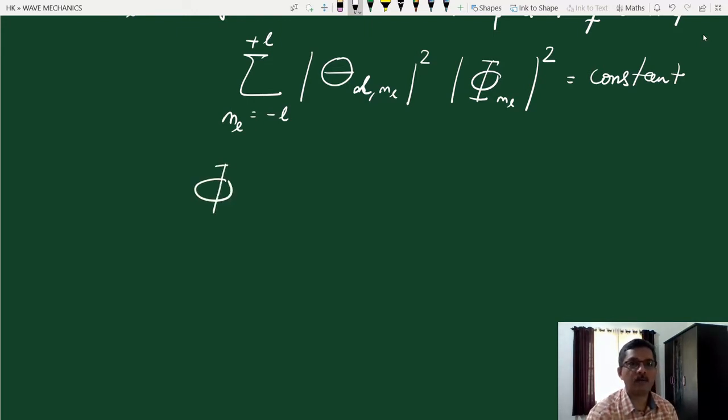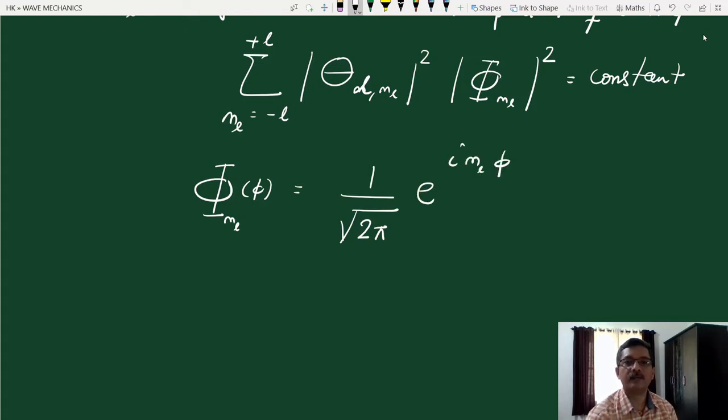The azimuthal wave function, which depends on ml and on the azimuthal angle phi, the normalized azimuthal wave function, is 1 by root 2 pi e raised to i ml phi. So what is mod phi square? When you take mod square, that means phi star phi.